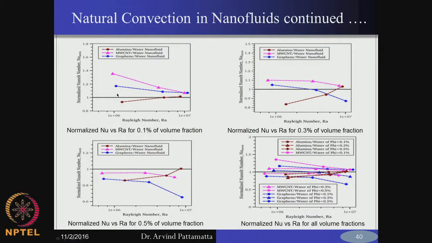So, the natural convection heat transfer is augmented by means of this drag force. That is the only way we can explain why certain nanoparticles like carbon nanotube and graphene can result in an enhancement, while the general theory is that any heavier nanoparticle should contribute to a deterioration. These are some recent results which we are in the process of publishing.